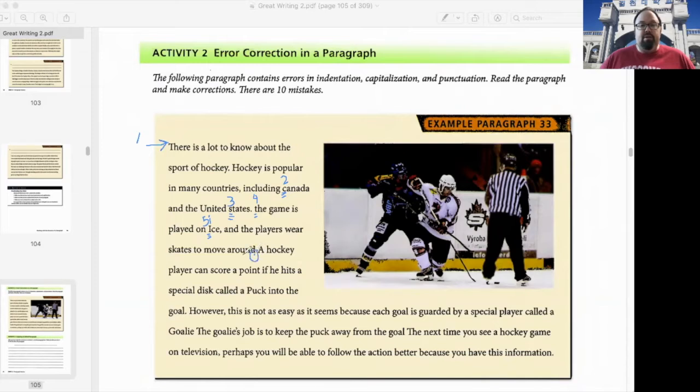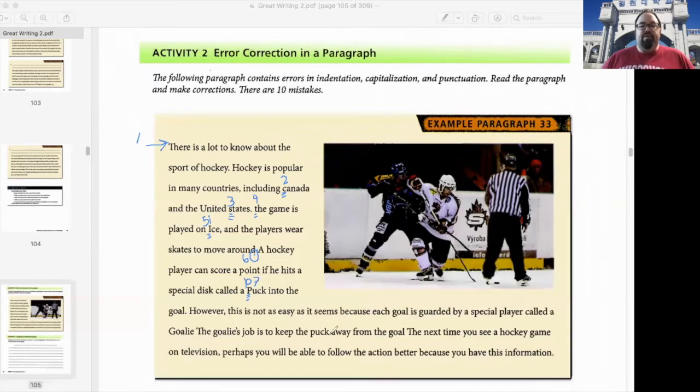And that's going to be number 6. A hockey player can score a point if he hits a special disc called a puck into the goal. Puck is not a special noun. There's no reason for that to be capitalized. So that should be a small p. And that's number 7.